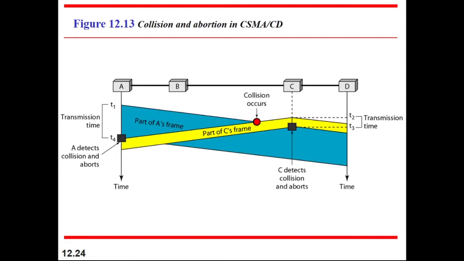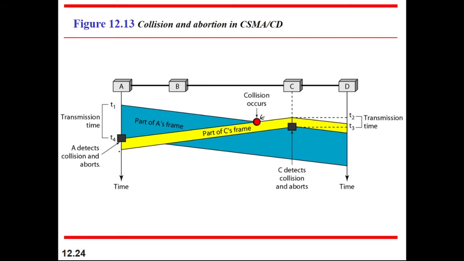See, this is the transmission time. Part of A's frame is passing here, and this is C's frame, and they collide here. This is the collision point, and this signal passes here, and A detects the collision and aborts.